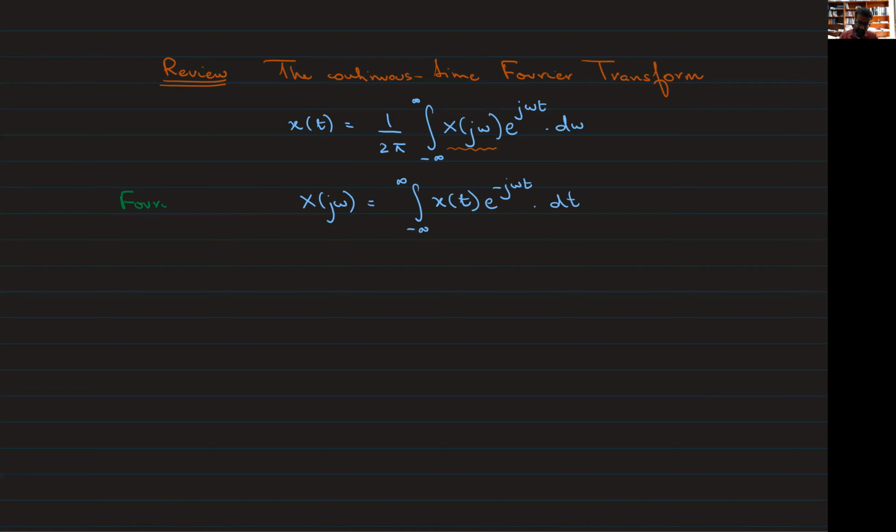So this x of j omega is called the Fourier transform of x of t, and this is an equivalent representation of the time domain x of t in the frequency domain. There's a one-to-one mapping there. And this is called the inverse Fourier transform. Because it's one-to-one, if you're given x of j omega and want to convert it back to the time domain, we take the inverse Fourier transform.